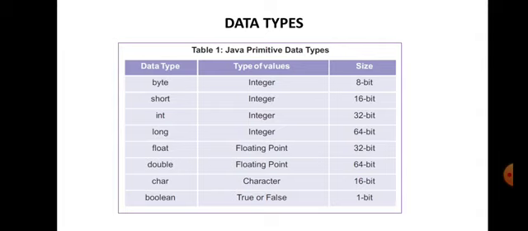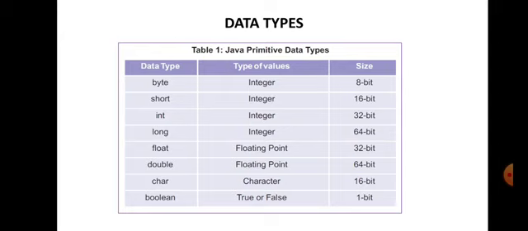Now this size is nothing but where the data is going to be stored. It has to be stored in some common location. So the storage size is given as 8 bits, 16 bits, and we will see how this storage is understood. A bit or the binary digit is the smallest unit to measure memory. 1 byte is equal to 8 bits.